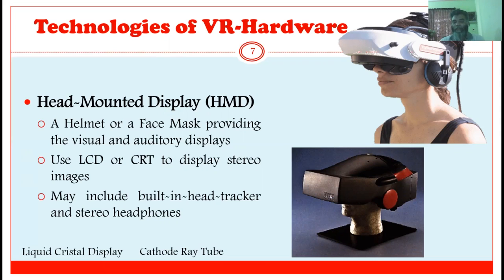Virtual reality headsets are HMDs combined with IMU. What is IMU? It is an inertial measurement unit. It's an electronic device that measures and reports a body's specific force, angular rate, and sometimes the orientation of the body using a combination of accelerometers, gyroscopes, and sometimes magnetometers.